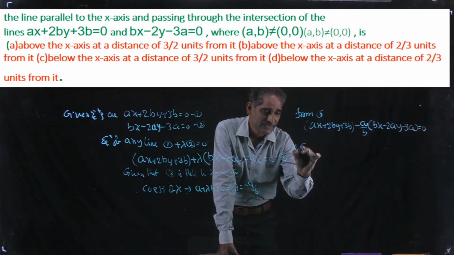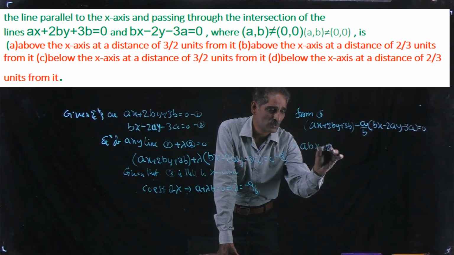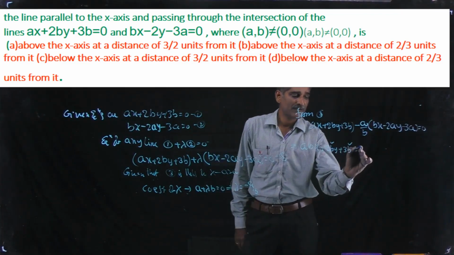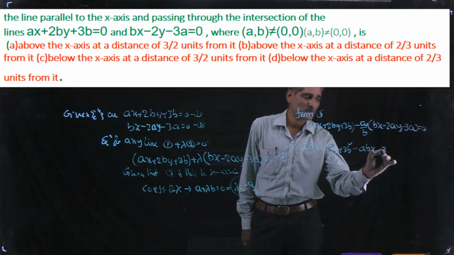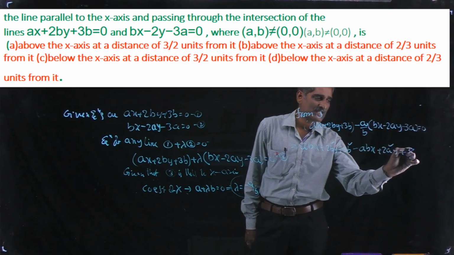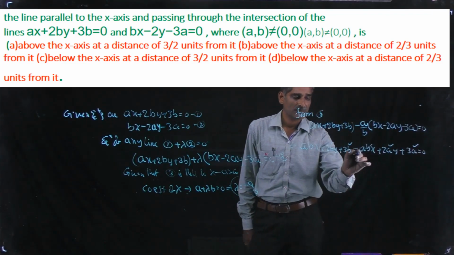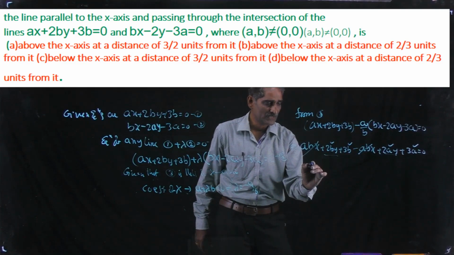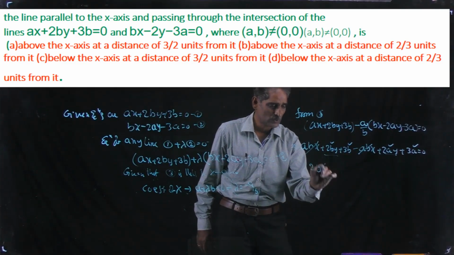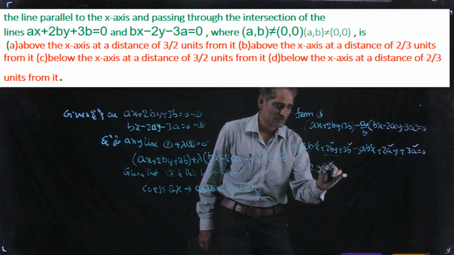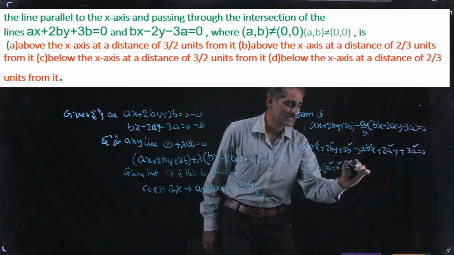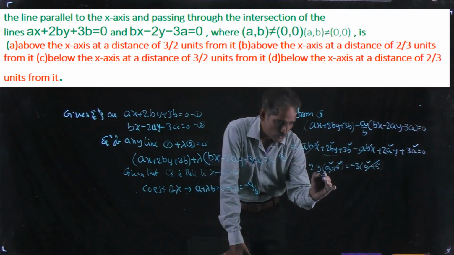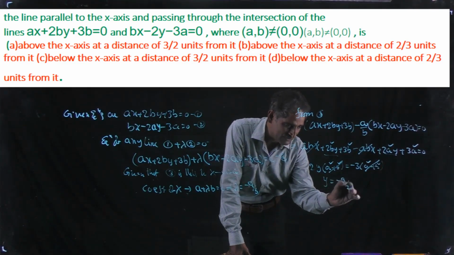What will happen? abx plus 2b square y plus 3b square minus abx plus 2a square y plus 3a square. abx gets cancelled. Now take y from these two, then we get 2y into (a square plus b square) equal to minus 3 into (a square plus b square). These get cancelled. y is equal to minus 3 by 2.